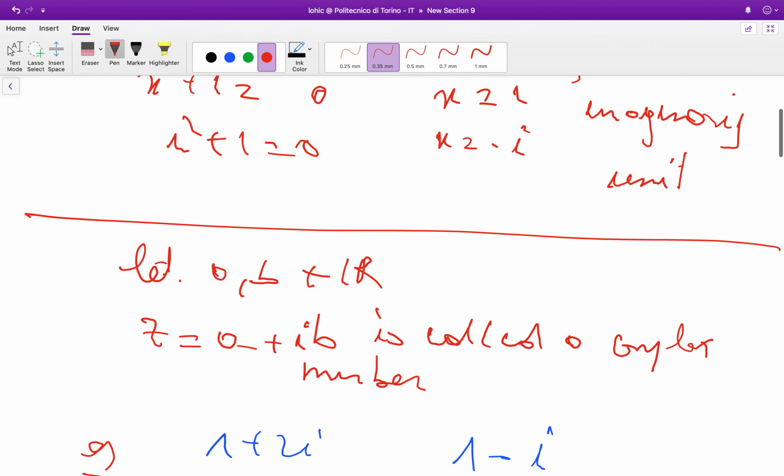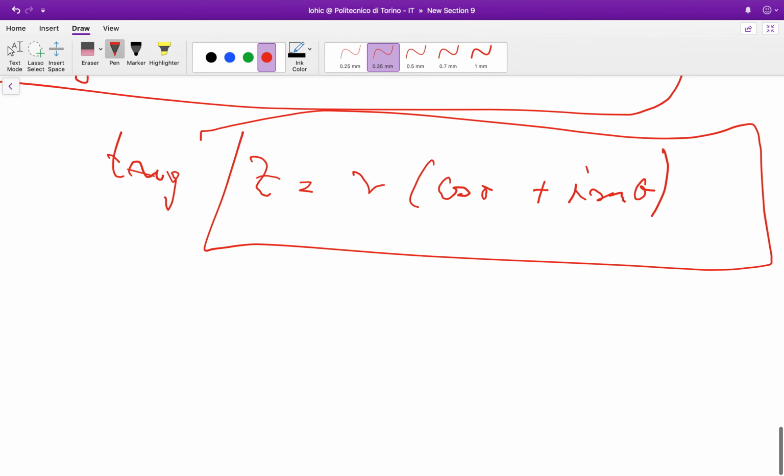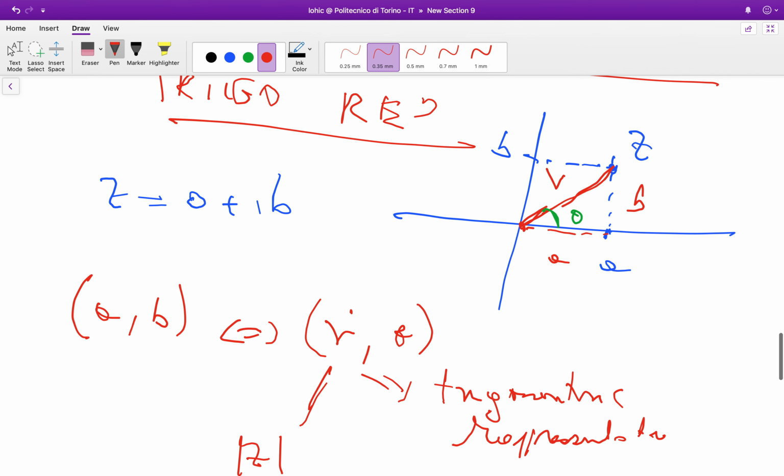You remember the algebraic representation is z equals a plus ib, right? I hope you have some notion of trigonometry, because look, this is the angle theta.